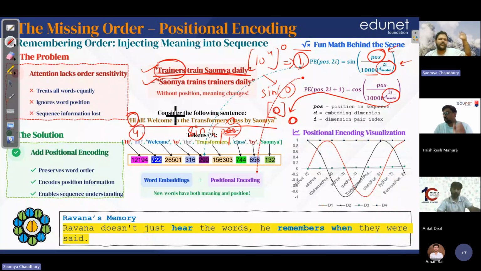Let's not talk about 50 dimensions, it's very difficult to picturize. In this context, there is a nice graph which I have given here. For D1, the dimension 1, can you see this red line? The red line, the pointer, first points towards the number 0.